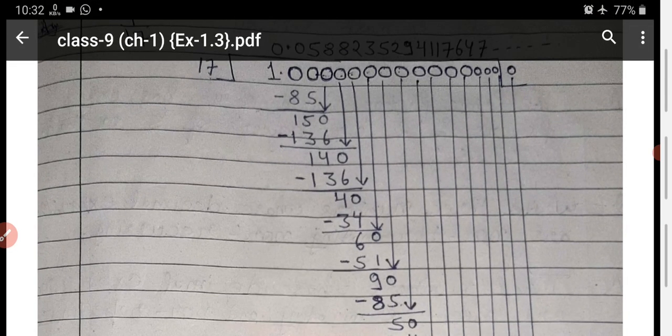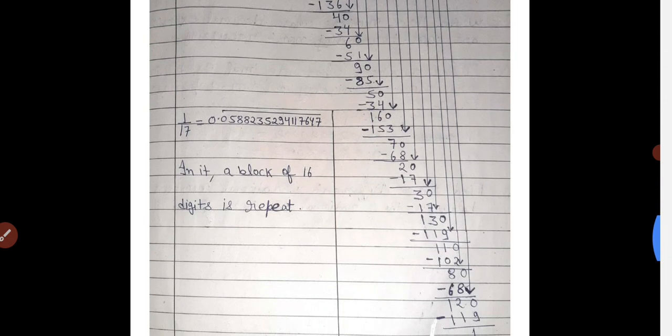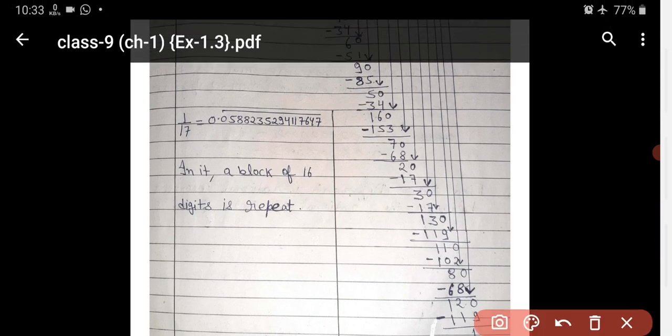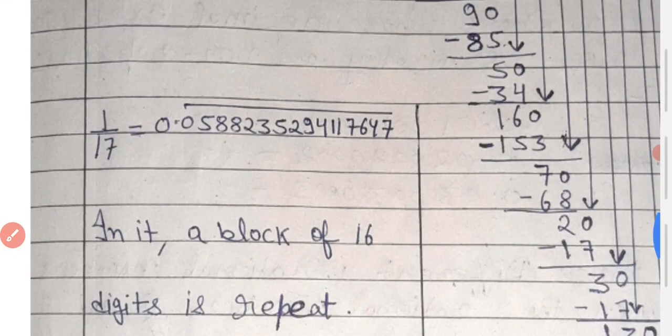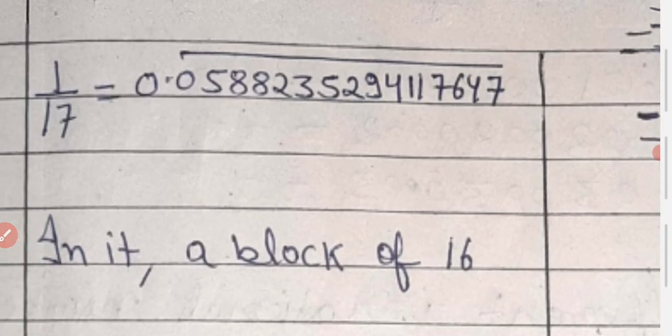So you write here, after long division, 1 upon 17 is equal to 0.0588235294117647 with a bar. So how many digits are repeated? Just check. The question is asking how many digits are repeating. Now I am going to zoom and count how many digits there are.